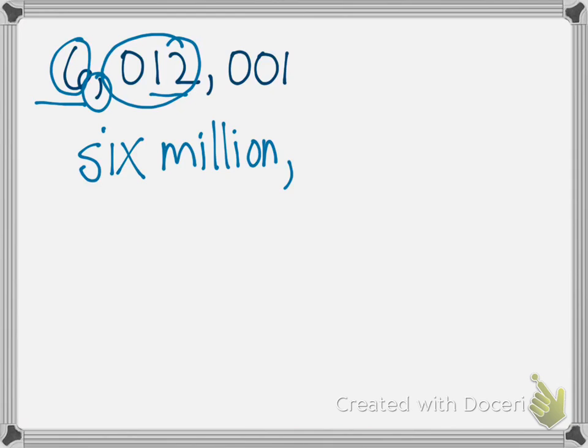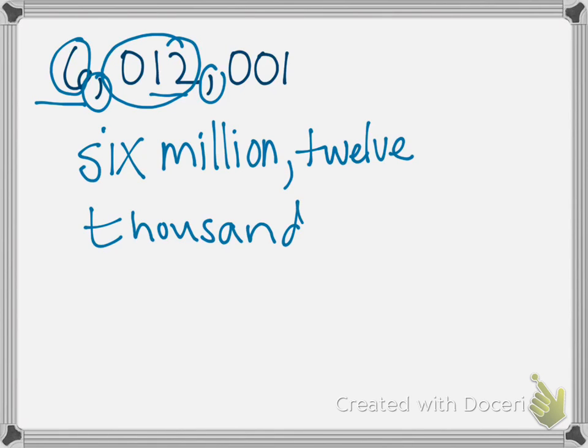I just see the number 12. 12, family name, 1,000. Move on to my final family. I just see the number 1. 1. I check my work. 6,012,001. I come back up here to read it. 6,012,001. Okay.